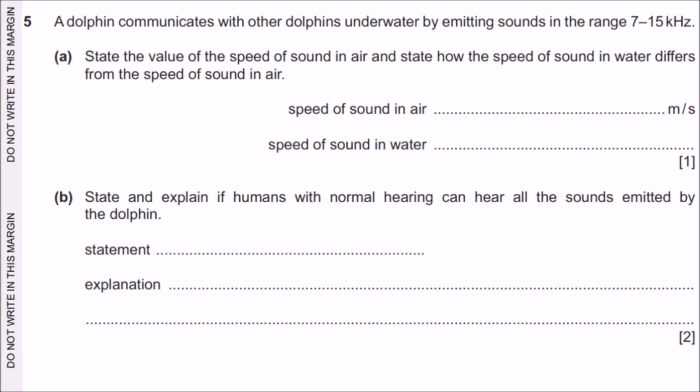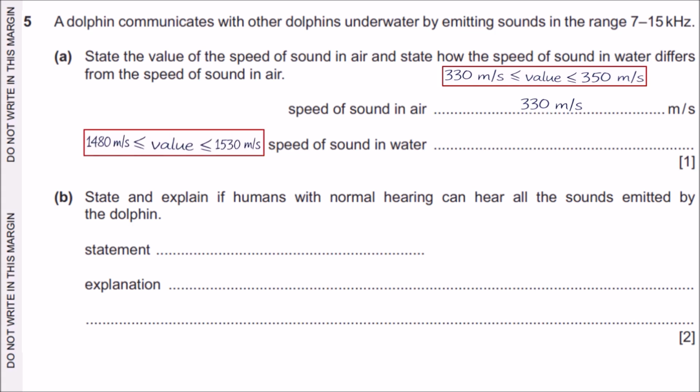So you should know the range of the speed of sound in solids, liquids, and gases, of which air is a gas. In gases, sound is expected to be between 330 meters per second and 350 meters per second. So I'll pick any value within this range to represent the speed of sound in air. Now, for us to compare the speed of sound in water, we also need the range for the speed of sound in liquids.